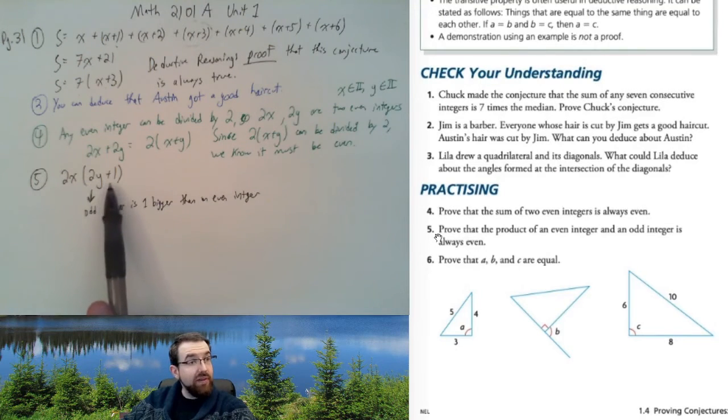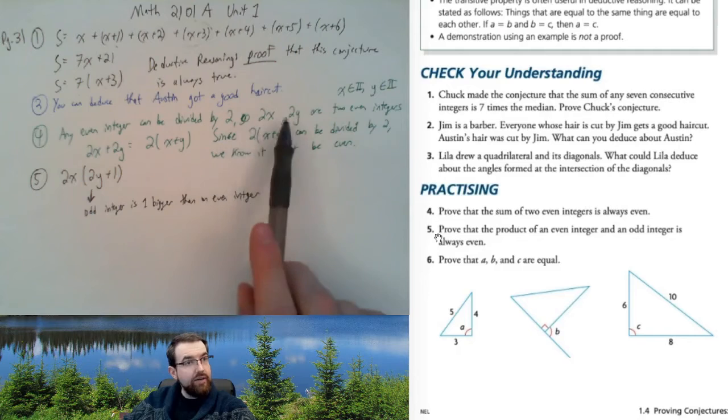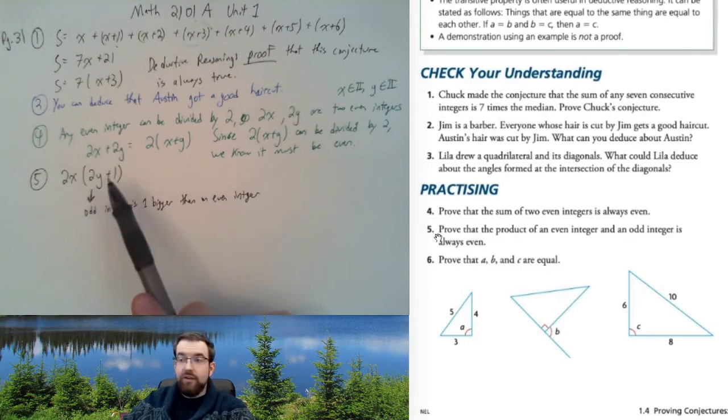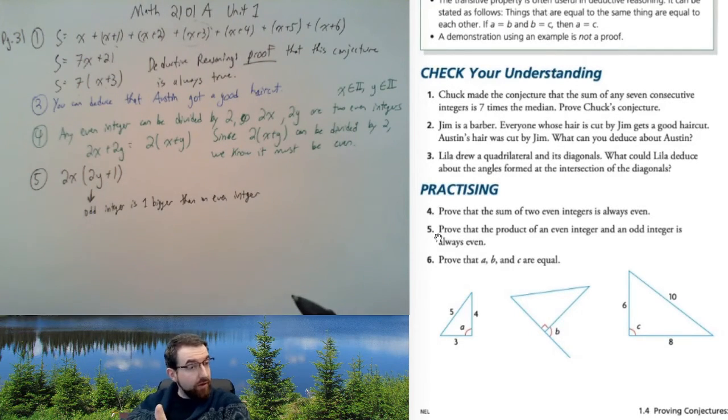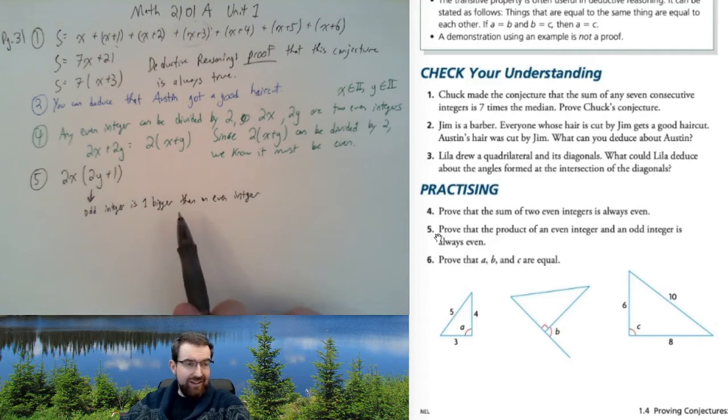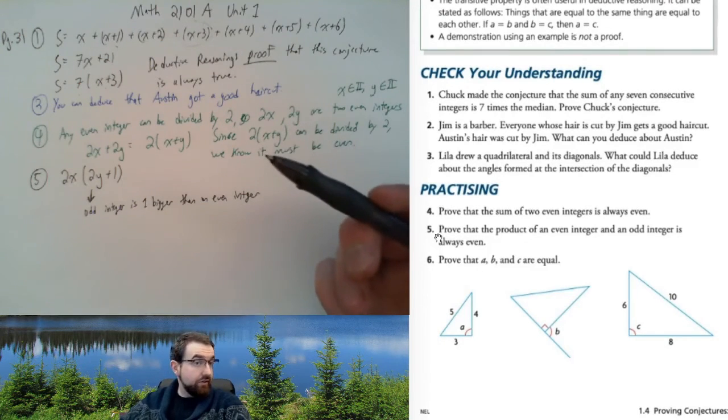So I did 2y plus 1 because we know that 2y, same as up here, is even. So if we take an even number and add 1 to it, we know we now have an odd number, right? Or subtract 1. You could do that too. That's fine, right? But we know that 1 bigger or 1 smaller than an even integer is what an odd integer is, right?